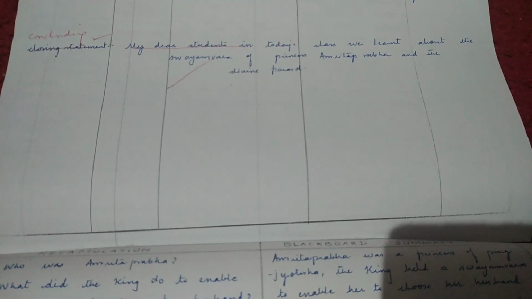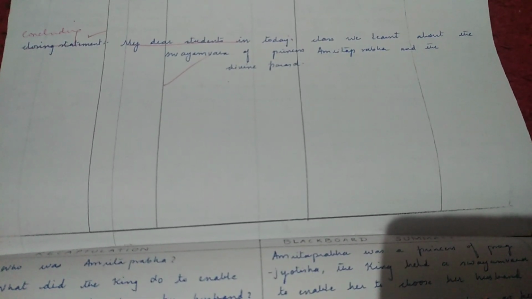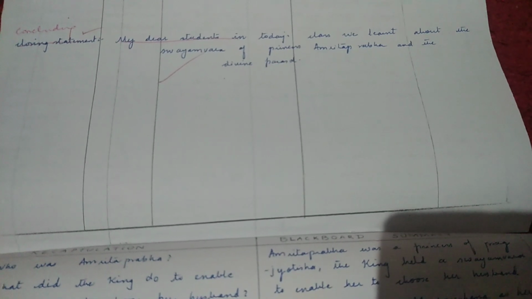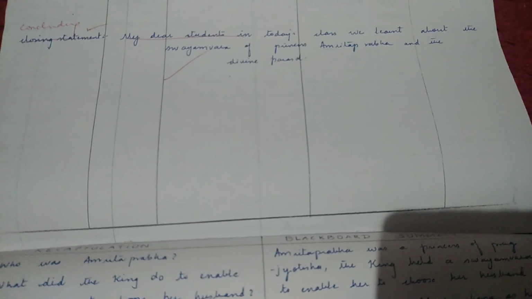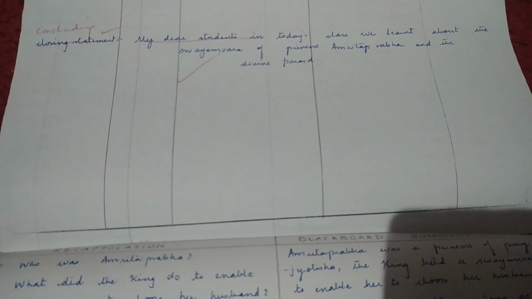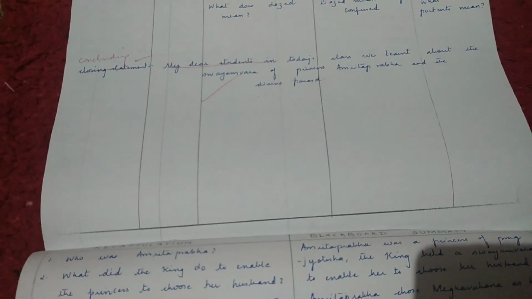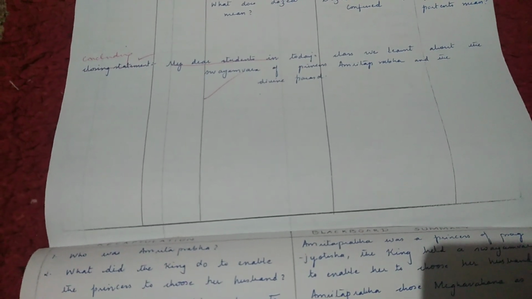Make sure you conduct this, and once you're done with the grammatical component, you go directly to the concluding statement, saying that in today's class we have learned about the Swayamvara of Princess Amrita Prabha and the divine parasol, and you go to the next part, which is all about asking questions.